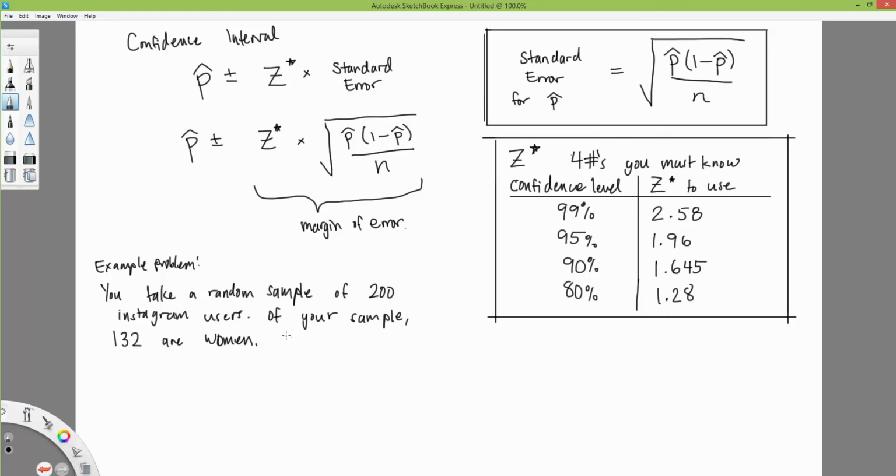Okay. So make a 95% confidence interval for the proportion of women, or proportion of all Instagram users who are women. Okay.